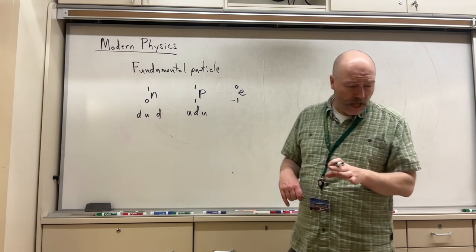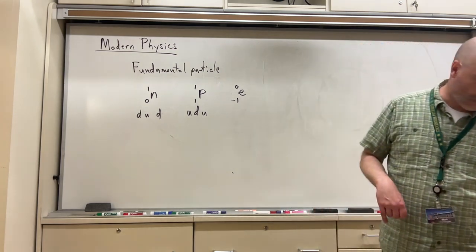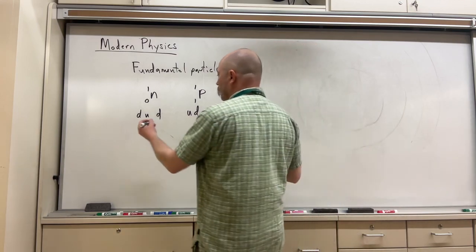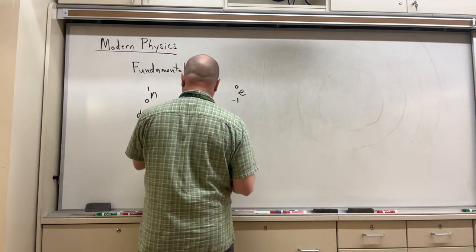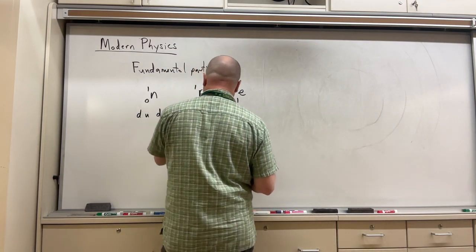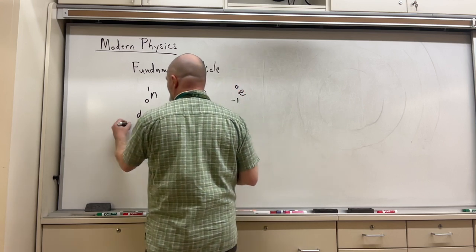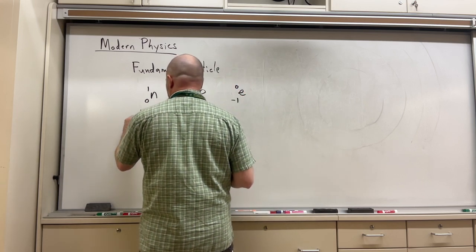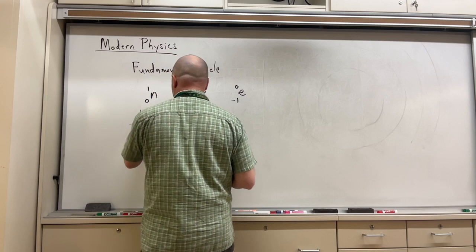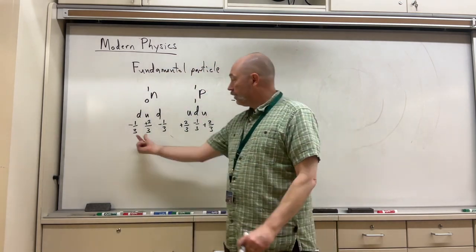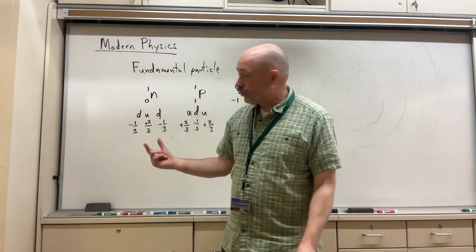Now, how do you get the positive charge? An up quark has positive 2/3 charge, and a down quark has negative 1/3 of our elementary charge.